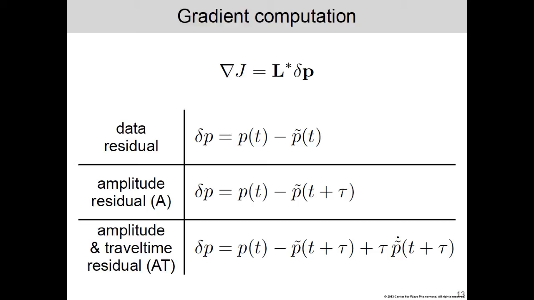Finally is the amplitude and travel time residual, and you can see that this residual contains the amplitude residual, but it also contains an additional term which is actually a travel time residual. As I mentioned before, we need to estimate the travel time shifts tau between simulated and observed data, and to do this we use dynamic warping.